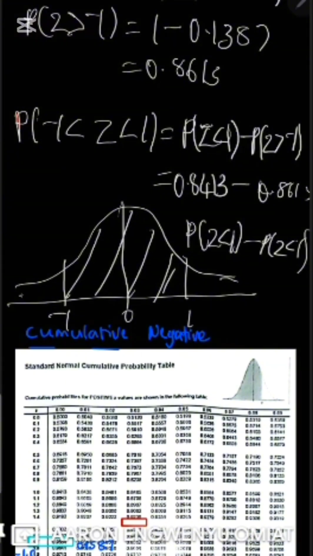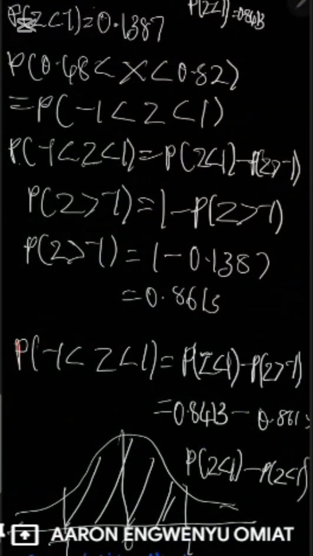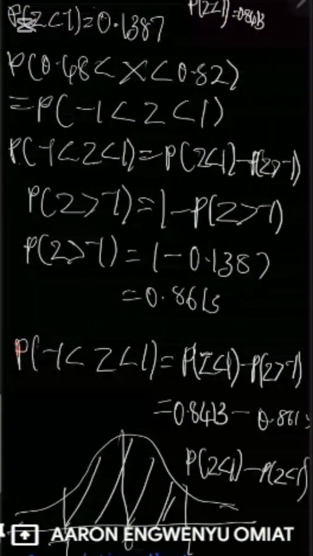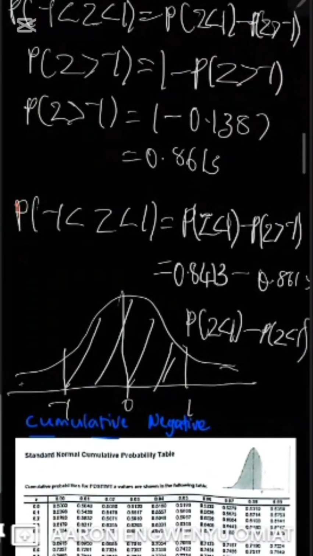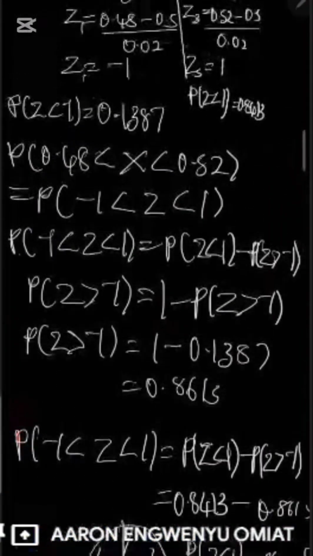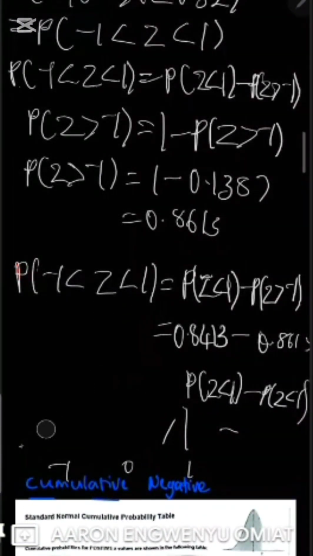Our probability of z lying between this and this is supposed to be the probability of z less than 1 minus the probability of z less than -1. Is this correct? Let me write what I'm saying. It is becoming technical. Let's clear this down.